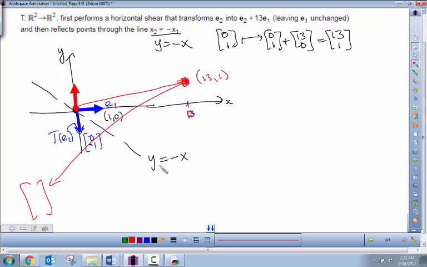The y is going to be negative x, so x is 13 in the original. It gets switched over to negative 13 in the y. And then if you solve for x, it's going to be negative of the y. The y is 1, negative of that is negative 1, and that's going to be my new x component. So this is how it switched over, and this is going to be your T of E2.